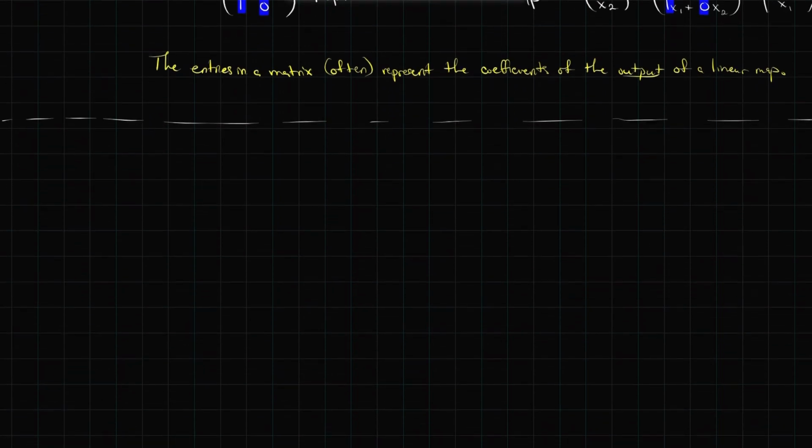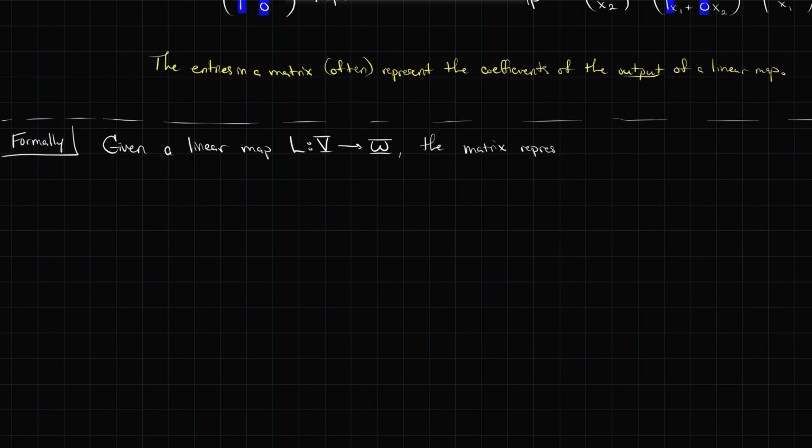Now let's make this a little bit more formal. Given a linear map L from a vector space V to another vector space W, the matrix representation of L is a doubly indexed set.